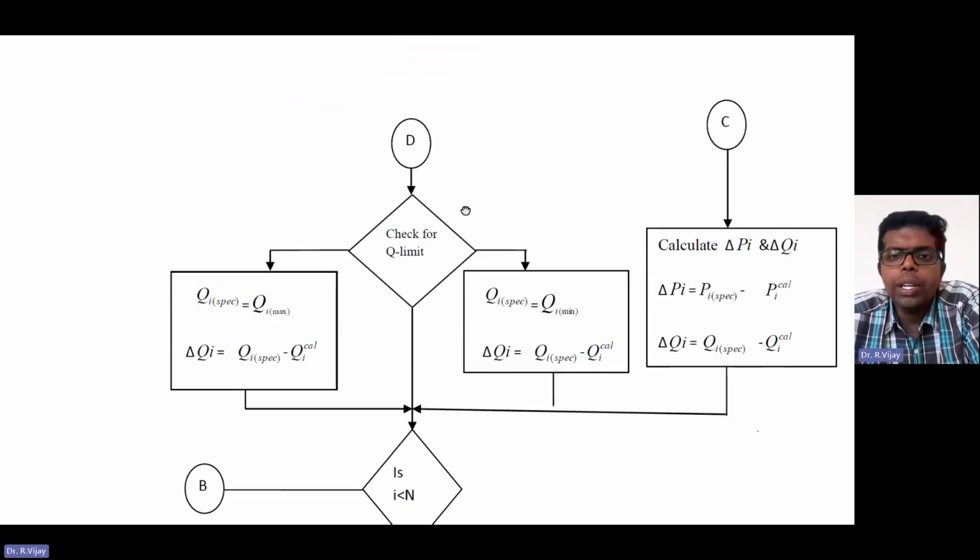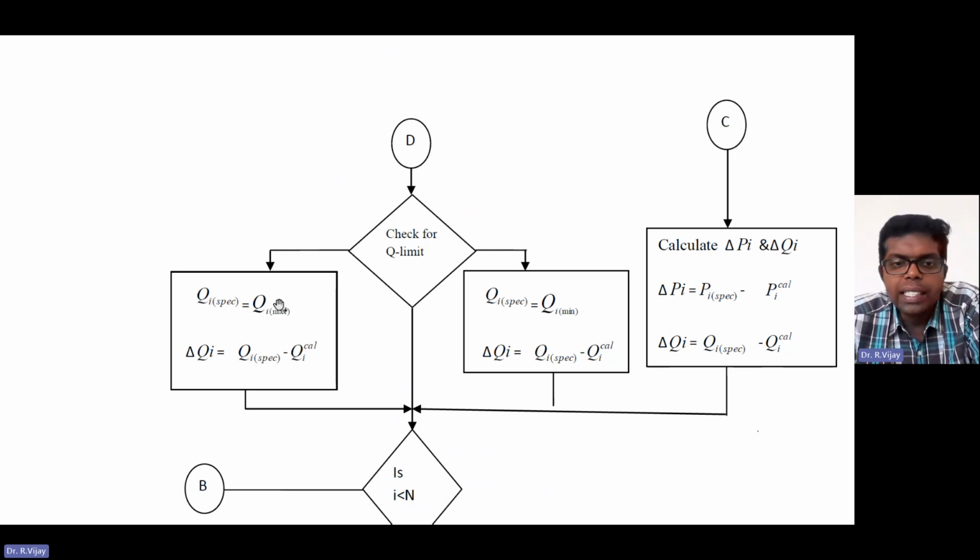Next, you need to check the limits, that is, the reactive power limits. You need to fix the reactive power to its maximum and minimum limits, as we did in our economic load dispatch problem.